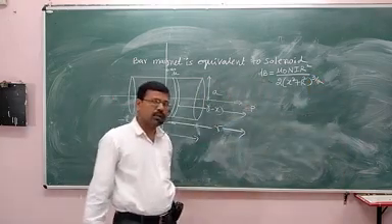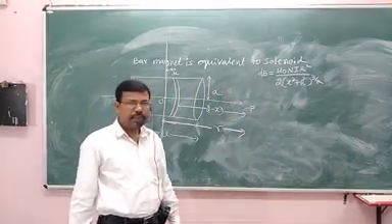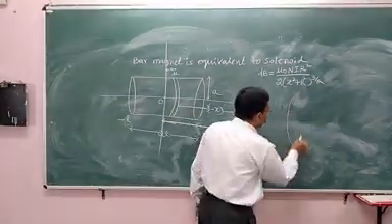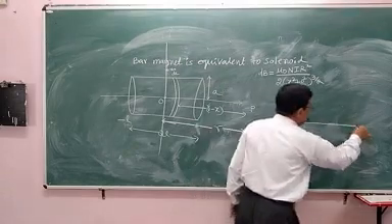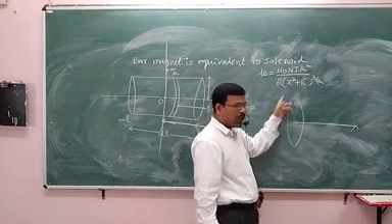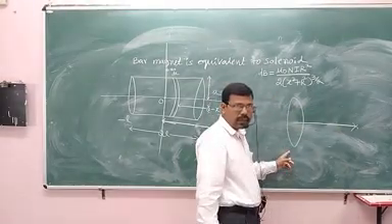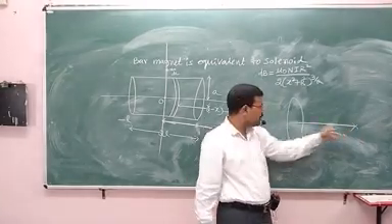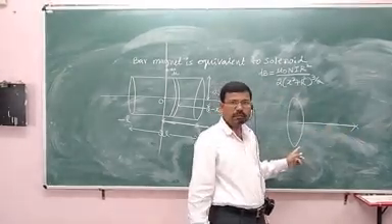This expression we derived in the previous topic for the current carrying coil. It's a current carrying circular coil, and this is the point on its axis.